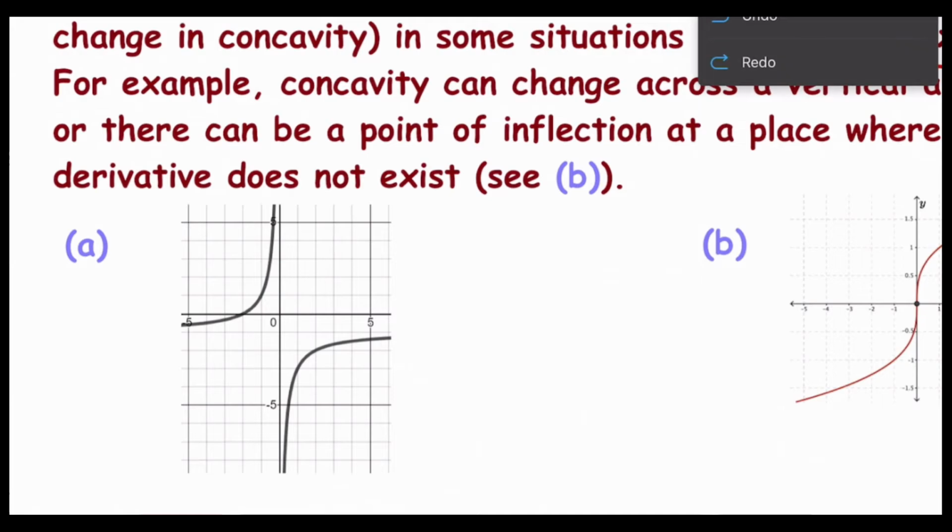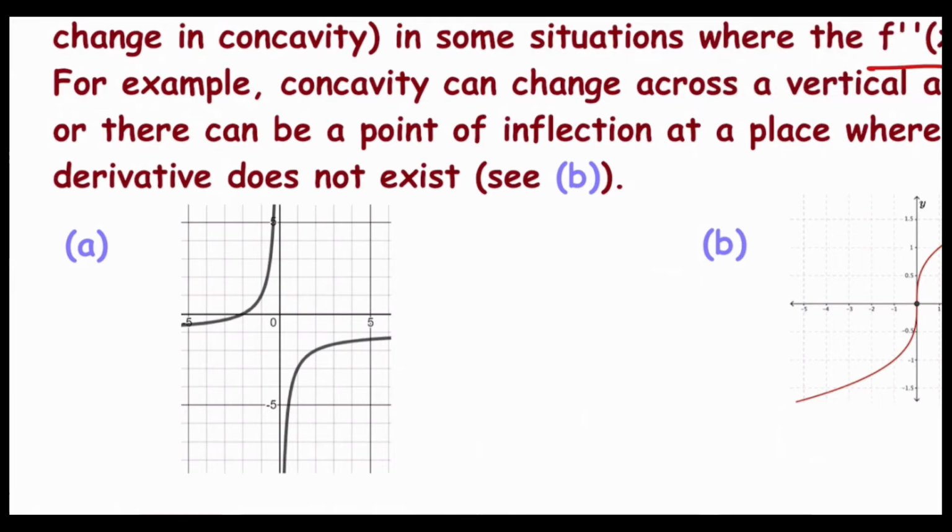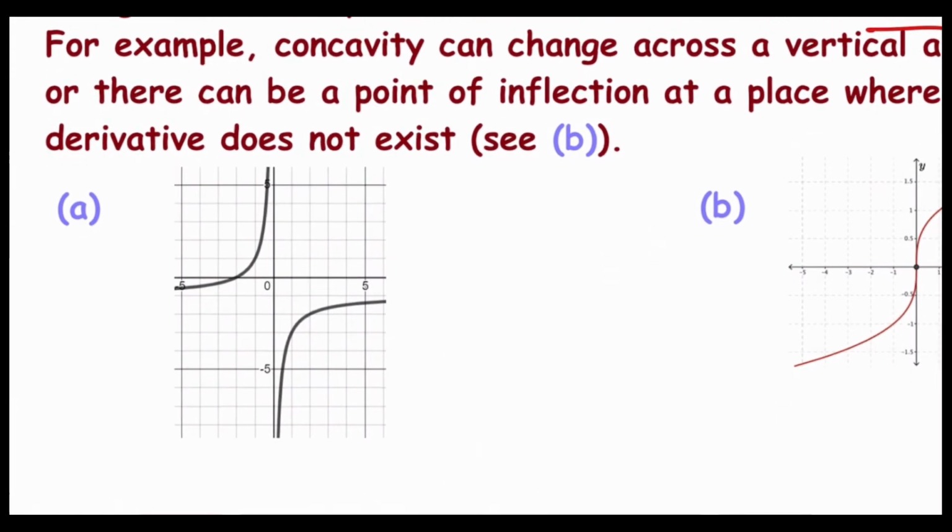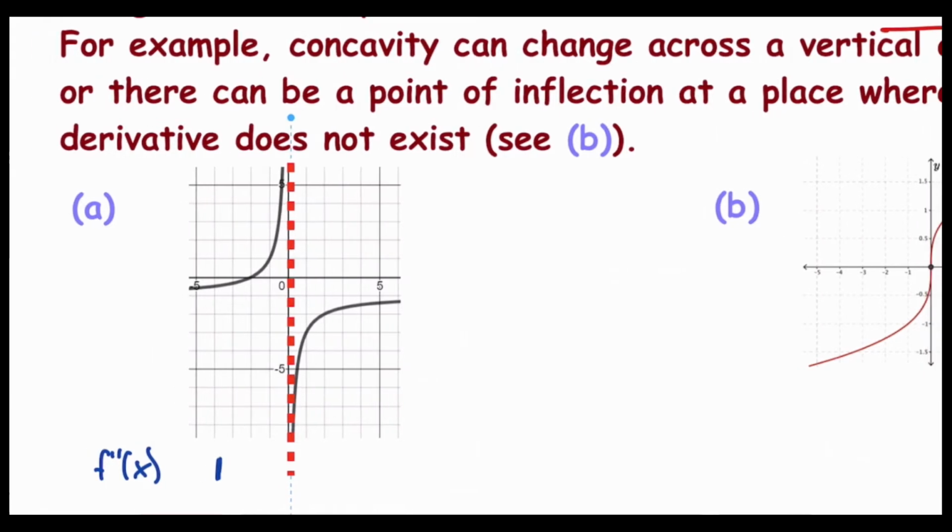So we can also consider the value of my second derivative. It is going to be positive in this region as I come from the left, because it's concave up. In the second region here, it's concave down, so it's going to have a negative value.